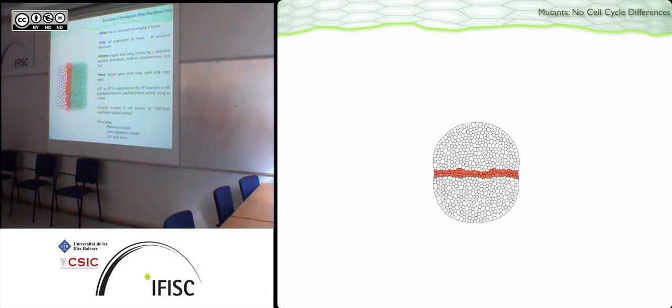Almost by the end of the development of this wing disc, there is a particular region called the ZNZ, the zone of non-proliferating cells, meaning that in the region where the DB organizer is, the cells are not growing anymore. There is a particular time point where those cells stop dividing.